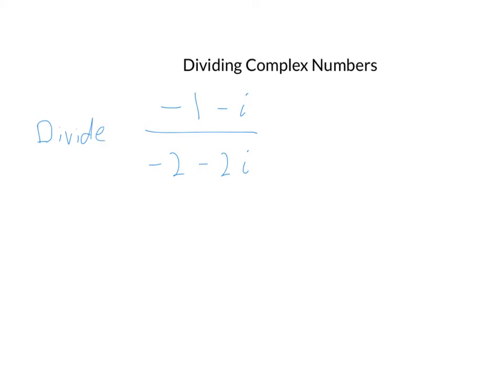Okay, so now we'll look at an example where we actually have to divide a complex number. So we've been asked to divide minus 1 minus i by minus 2 minus 2i. So you can see that on the top and the bottom here, there's a complex number for each. So the first step when dividing complex numbers is to find the conjugate of the bottom, or the denominator. If you don't remember, the numerator is on top, the denominator is the name of the bottom of a fraction.